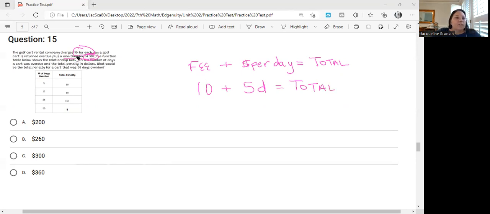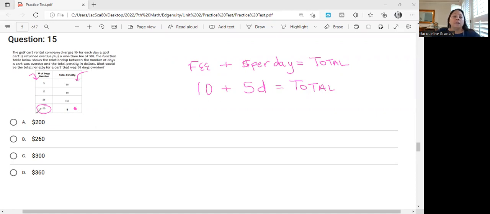The question goes on to say, the function table below shows the relationship between the number of days a cart was overdue, that's this column right here, and the total penalty in dollars that you need to pay. What would the total penalty for a cart that was 50 days overdue be? So if it were 50 days overdue, we're trying to figure out how much money we would owe.